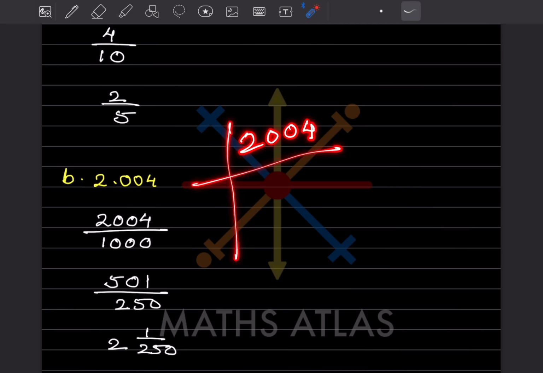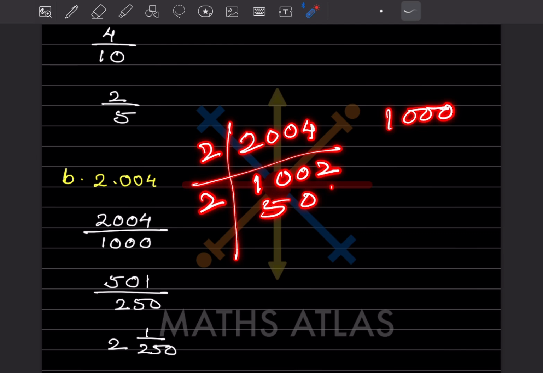You are going to find the factors of this number as well as the factors of 1000. I'll just show you. 2 ones are 2, 2 5s are 10, and 501 will be as it is. That will be 1 times 501, so 1 into 501 is going to be 501.